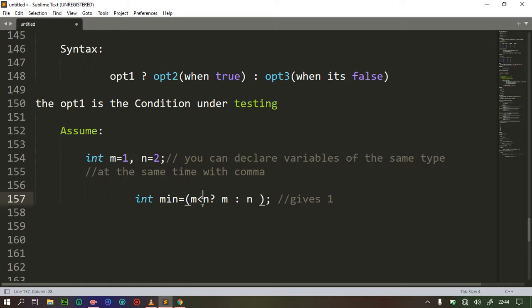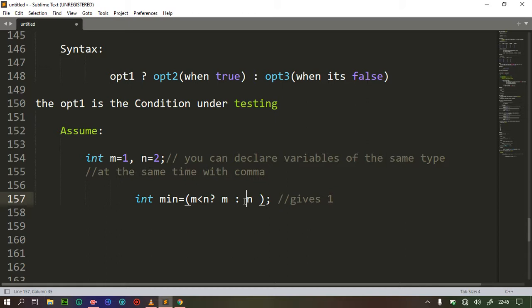Otherwise, if this was false, then it would be n that would be evaluated. Now, this may be significant or important when one or both contain side effects.